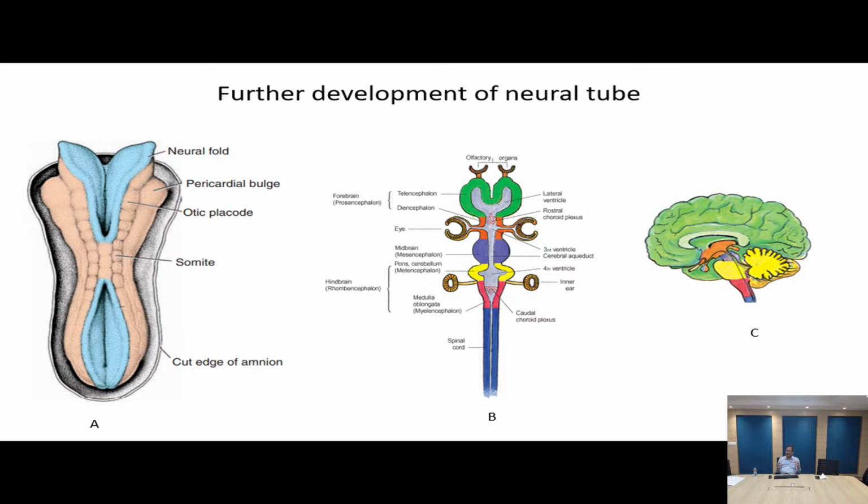And apart from that, there is also the thalamus, and there is also the epithalamus. Remember, the epithalamus has a very important component called the pineal gland. Pineal gland, because it resembles the pine tree, and this pineal gland releases a hormone called melatonin, and it is also responsible for the sleep-wake cycle.